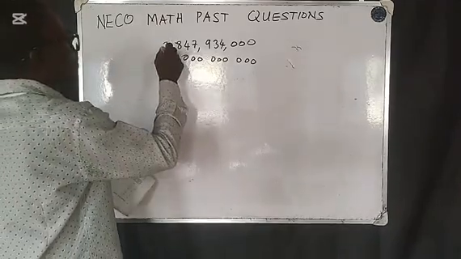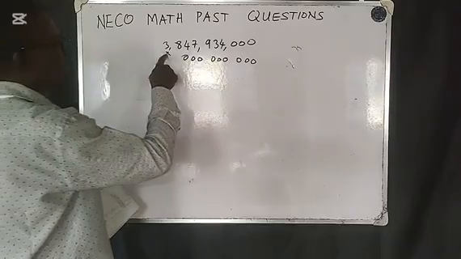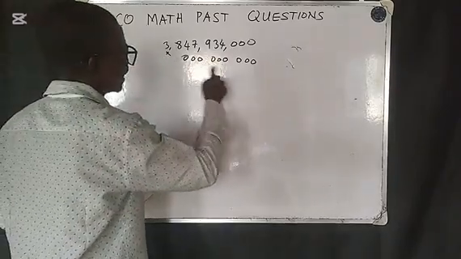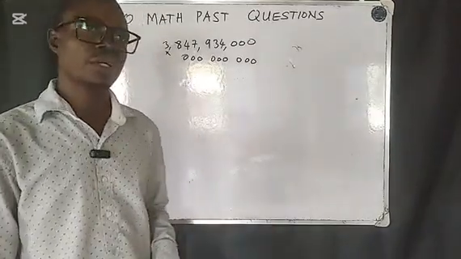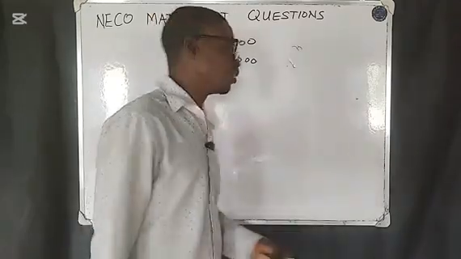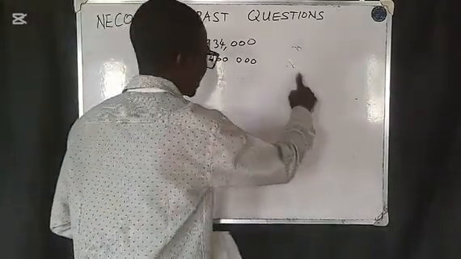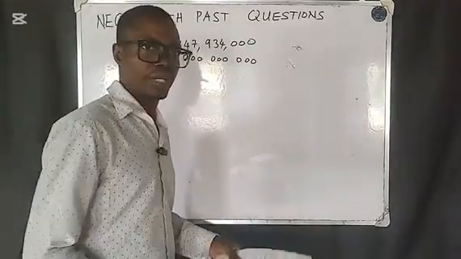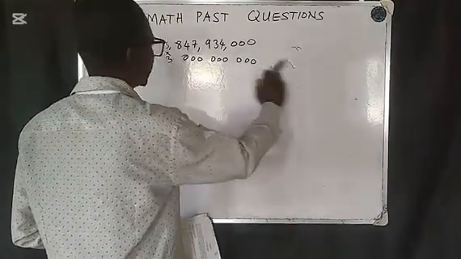A number in billion is written in this form, this figure plus 9 zeros. Any number in billion has 10 digits altogether. So this is going to be 3 billion right now.